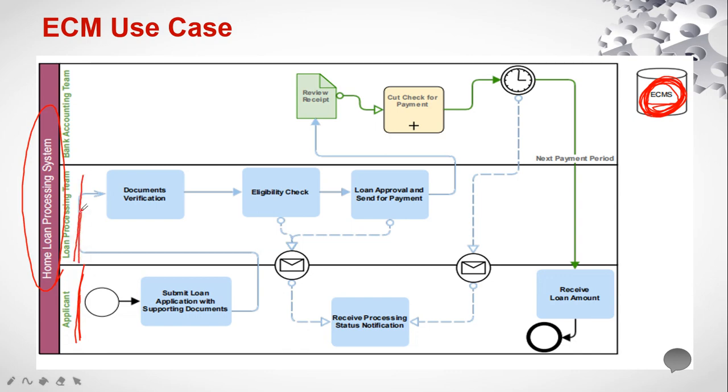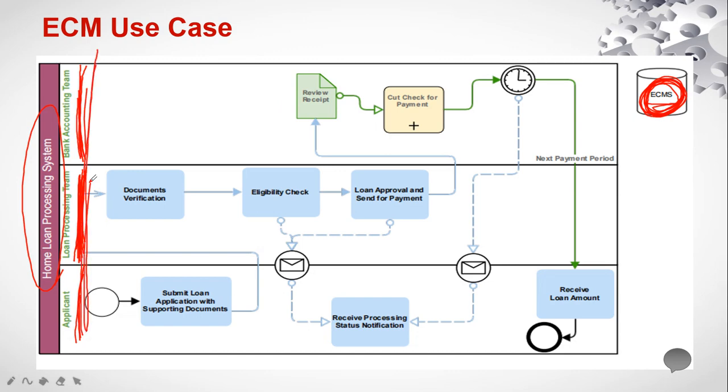People who are involved in the loan processing will verify your documents and approve your loan. Once the loan is approved, there will be an accounting team in the bank. What they will do once the loan is approved is take the invoice and credit the money to your bank account. So all these three types of people are involved.